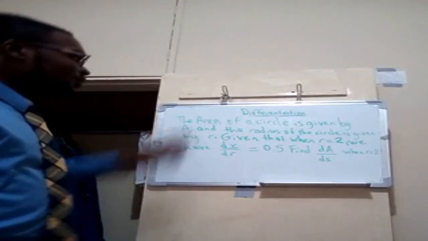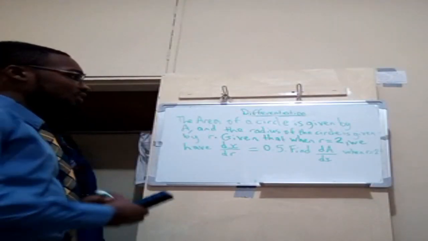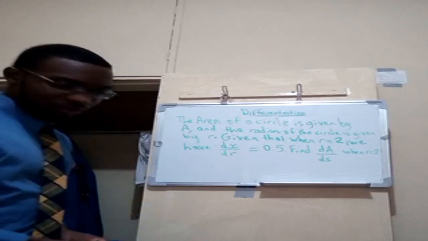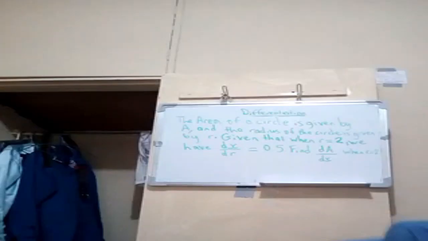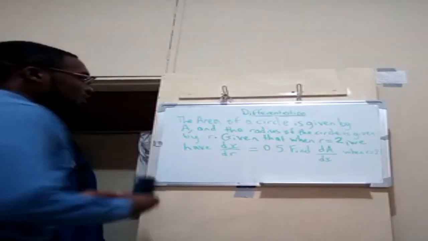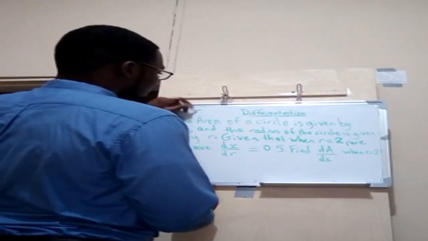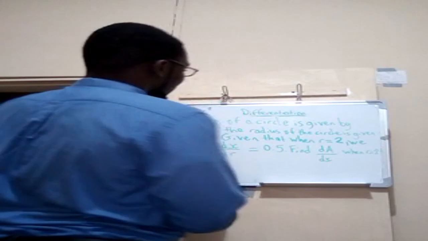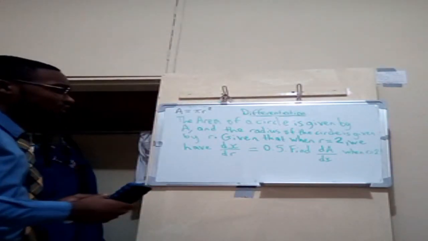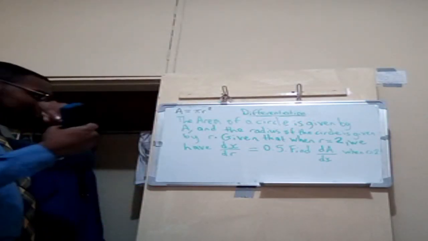First and foremost, what is the area of a circle? The area of a circle, as we know, is pi r squared.